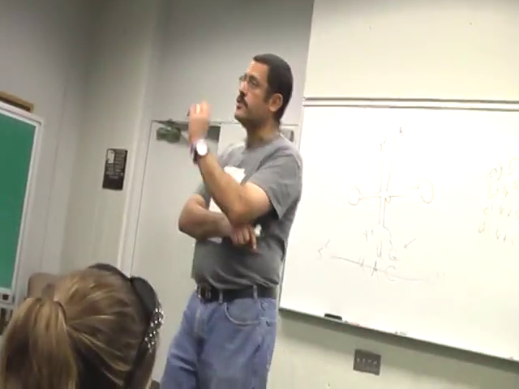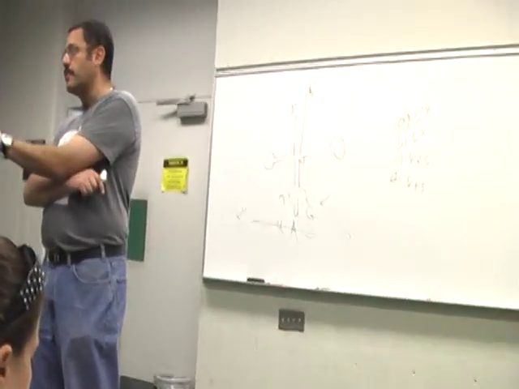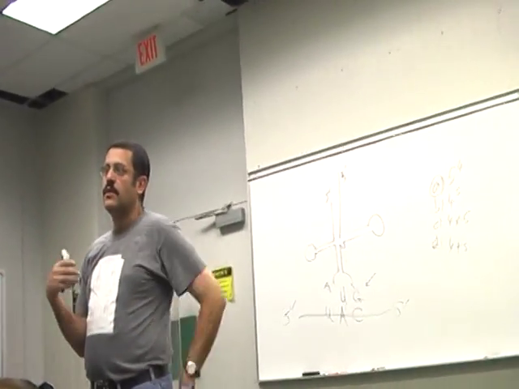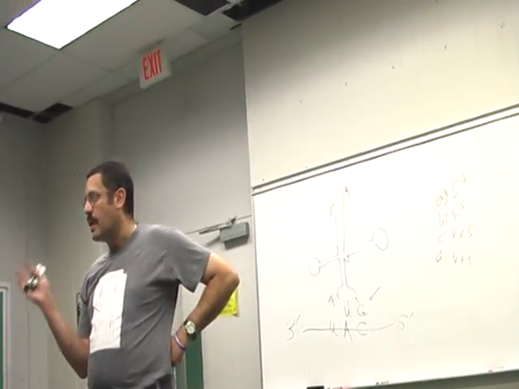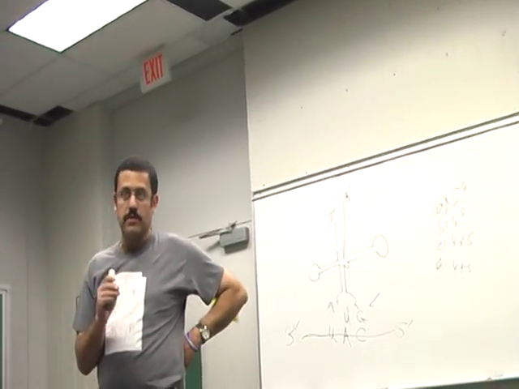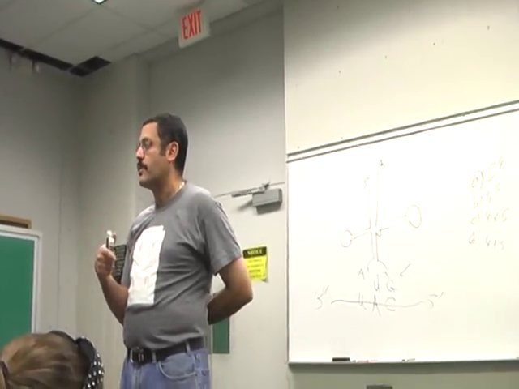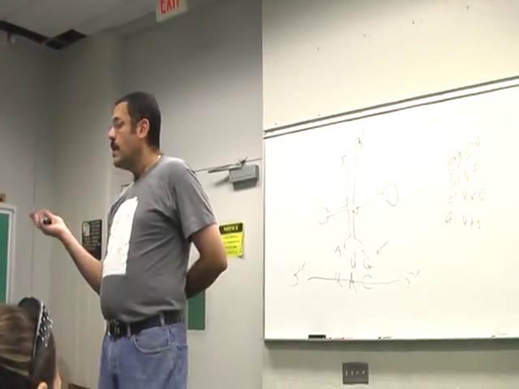Regulation of gene expression, know the difference between repressible and inducible, and then also be able to work out the details. So for example, the sugar arabinose. We did not discuss the ara operon, but for the sugar arabinose, would you expect the operon to be inducible or repressible? Inducible. Why?